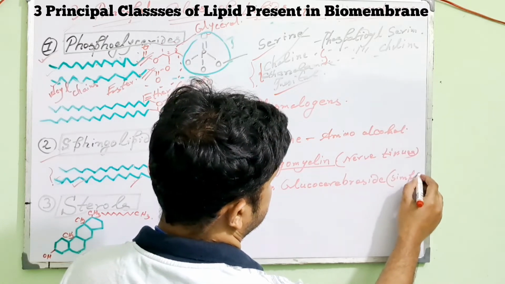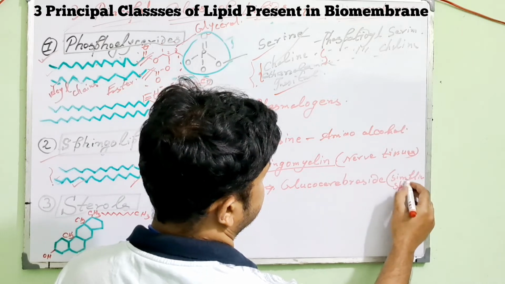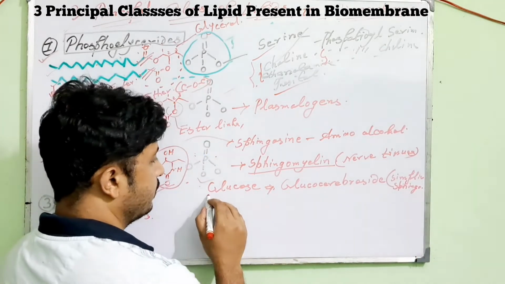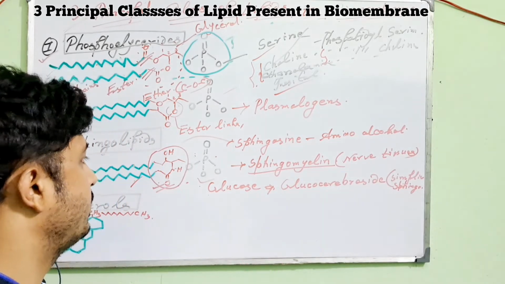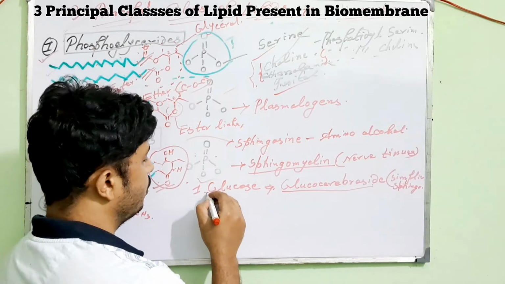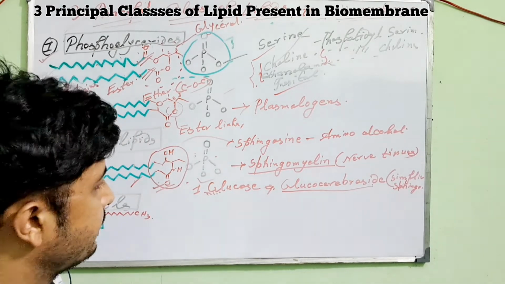Simplest sphingolipid. So the most simple sphingolipid is glucocerebroside, where one molecule of glucose is attached with sphingosine and two acyl chains.